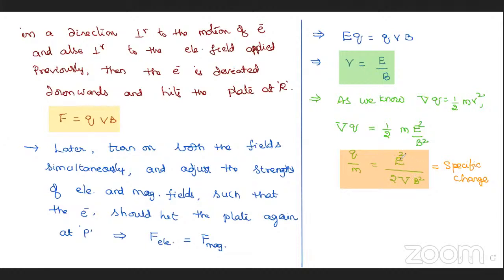So here we know the values for E, V and B. If you substitute those values here, we found the Q by m value is 1.76 into 10 to the power of 11, with units coulomb per kg. This is the specific charge of electron, Q by m of electron.